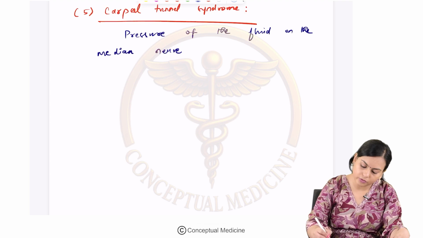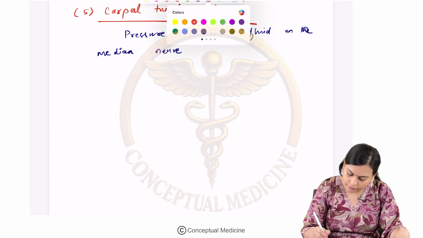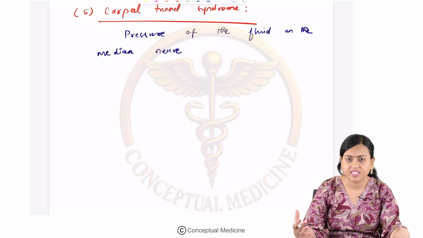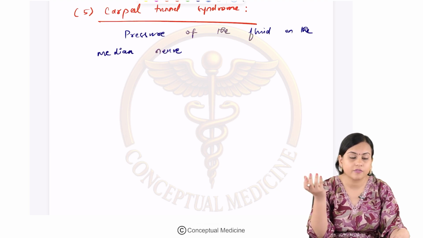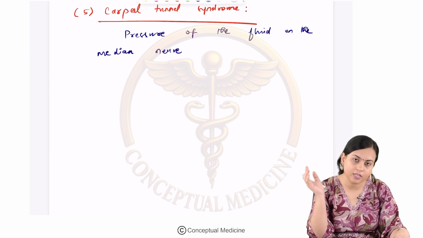Okay, now what is going to cause this? Where does this fluid come from? It is basics. Okay, we have already seen that blood volume is going to increase. So when blood volume increases, there is more extracellular fluid, and this fluid is going to cause a compression on the median nerve.